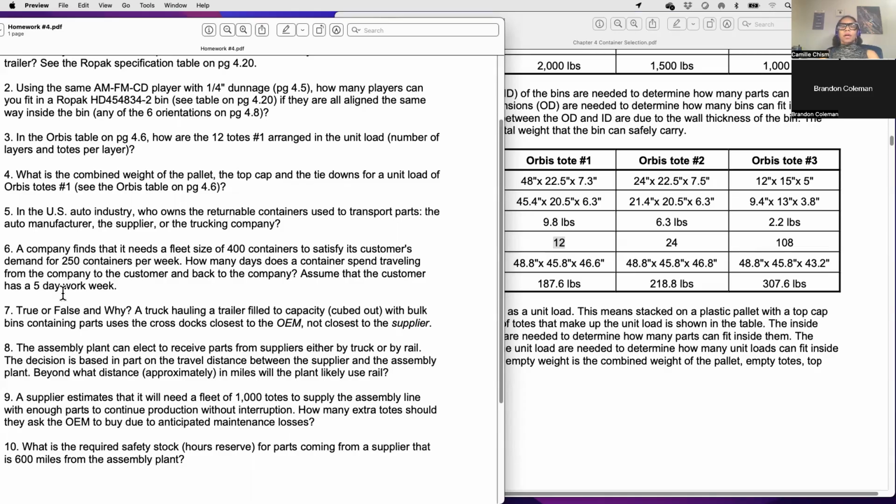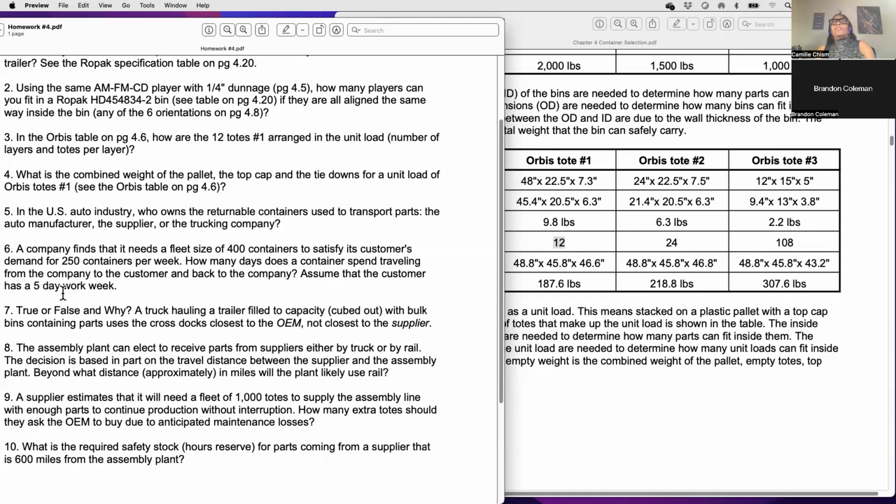You know that their fleet size is 400, when normally you're going the other way and trying to figure out how many containers you have. According to this, it's already been calculated. They know how many they needed. They have 400 containers, and they have 250 containers they're using per week.